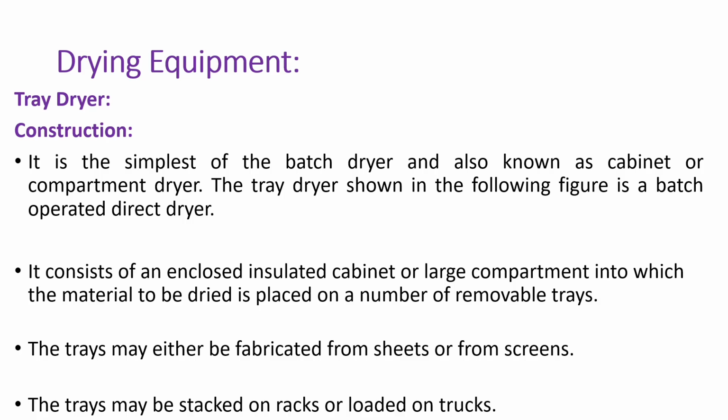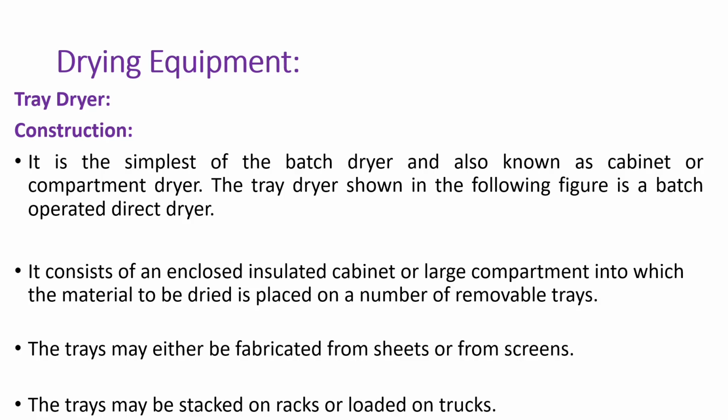So first with the insulated cabinet, which is a closed chamber or cabinet. It is insulated to reduce heat loss. Then we're having trays or plates. So wet material is spread on removable trays. Trays may be solid metal sheets or wire screen.